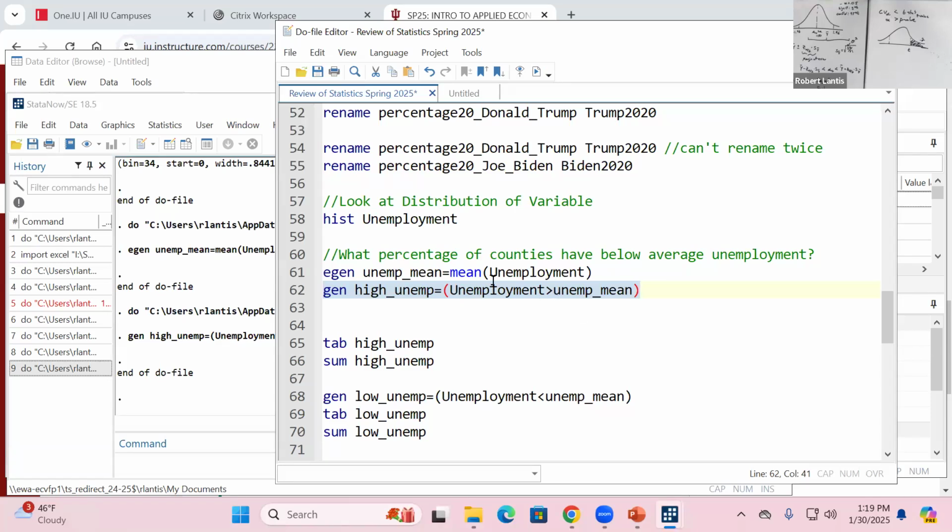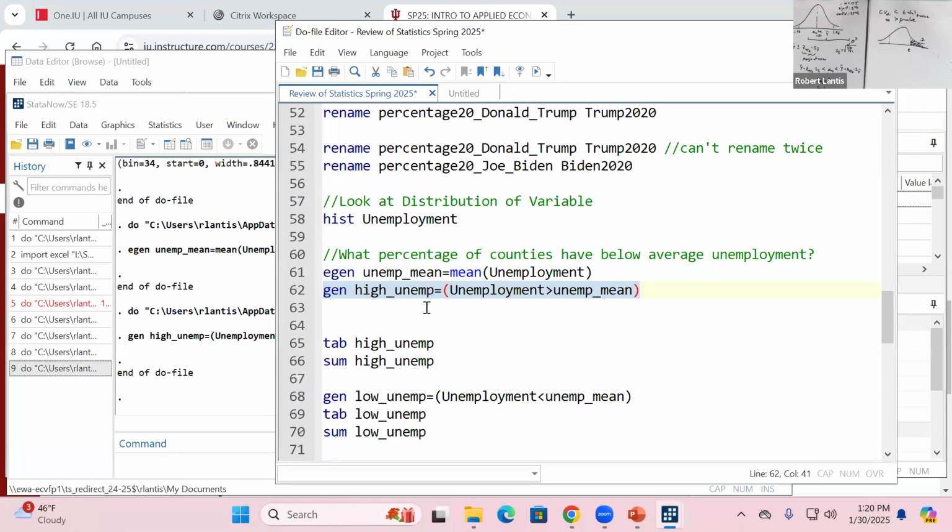There's no pre-stored command I'm trying. This is just how I would do more general math. I'm not using a built-in function here, right? As we do more things, it'll become more obvious when we use egen and when we don't. If you ever get an error, just try both. It's not the best way to do it, but if you are getting an error, try the other one.